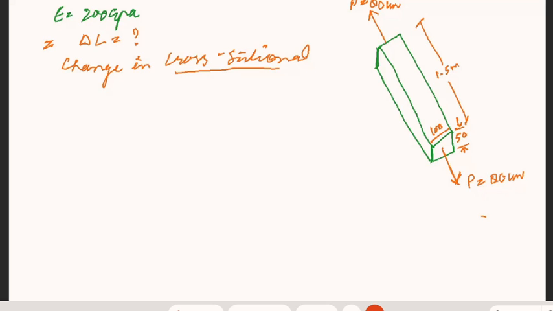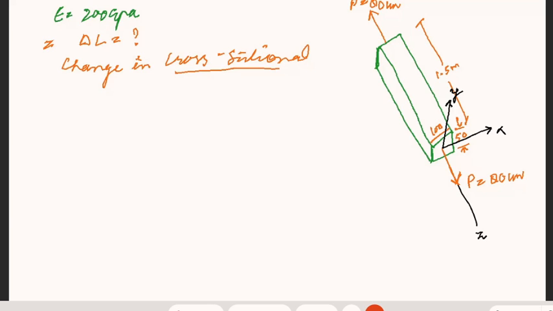So in order to understand that, first of all, let's give the axis notation. Let's say this is your x-axis, and then this is your y-axis, and let's say this is our z-axis.